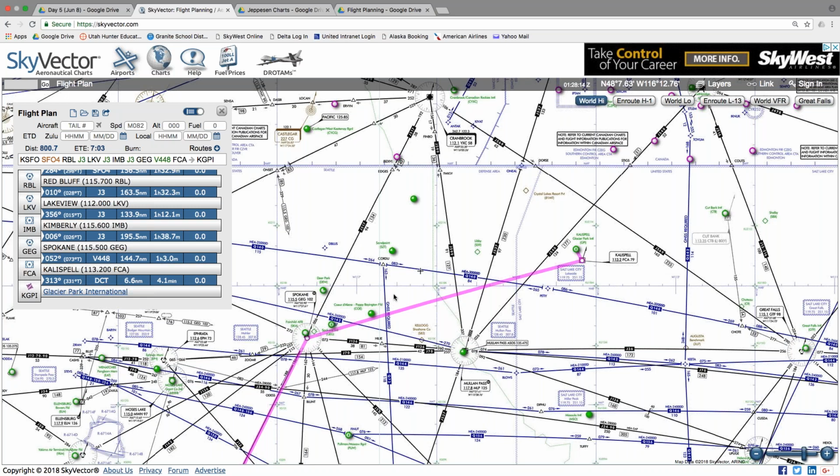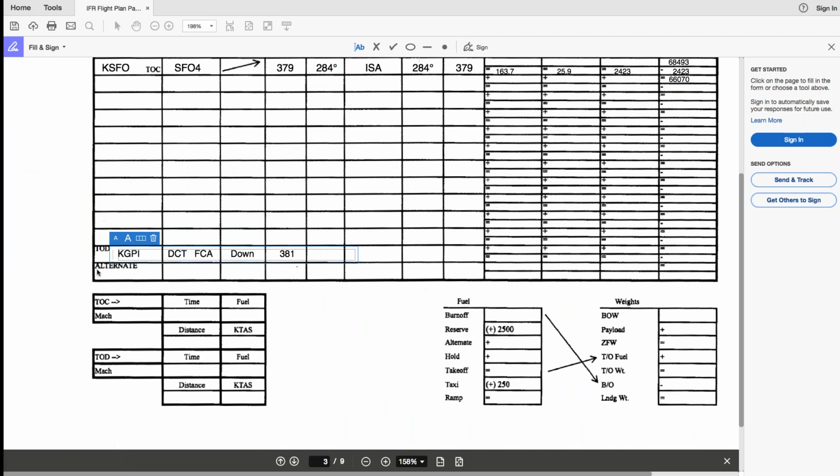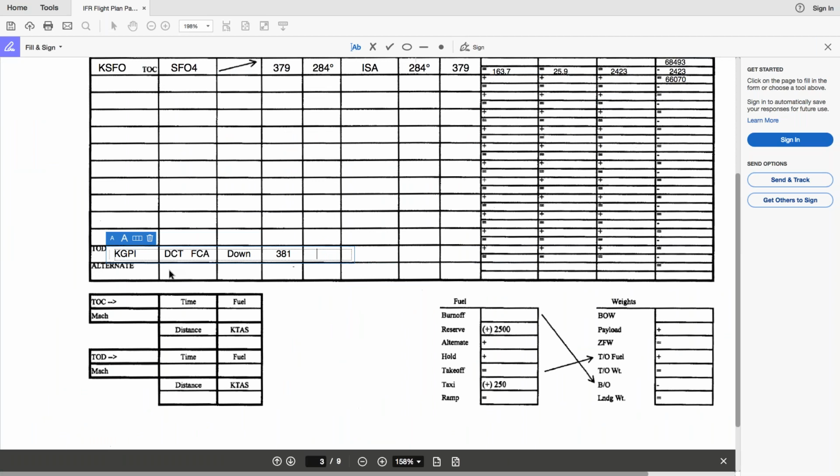So we know our top of descent is somewhere between these two, so we're just going to use that 052 degrees as our magnetic course here.